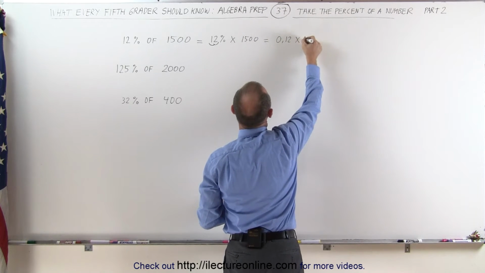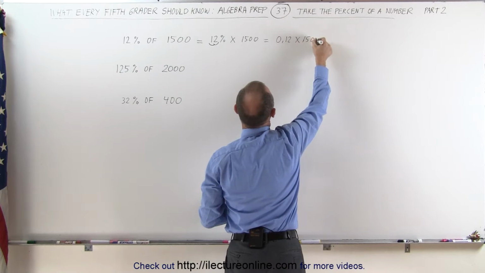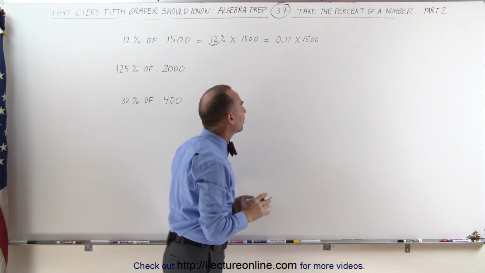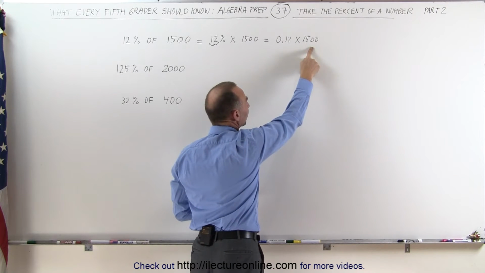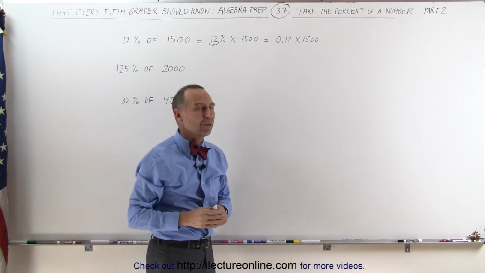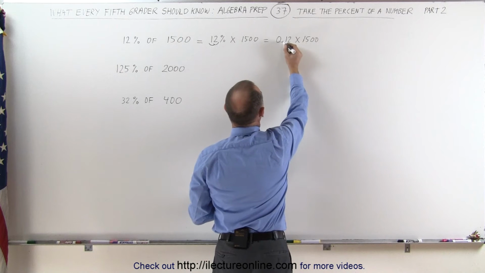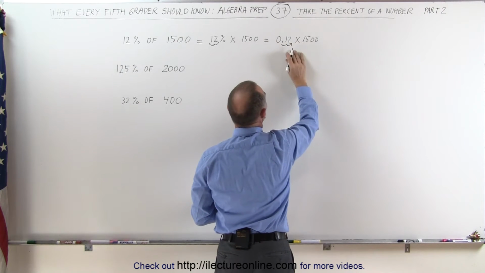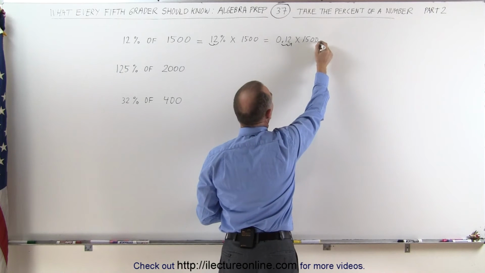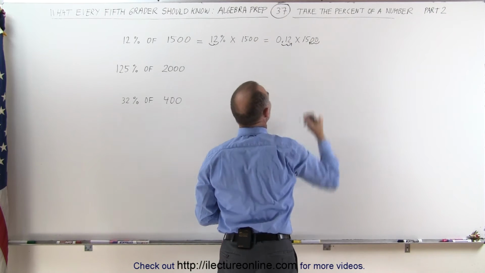This can now be written as 0.12 times 1500. But now we take a look at this and realize that if I multiply this number times 100 and divide this number times 100, the problem becomes a lot easier. What I mean is, by multiplying this number times 100, I move the decimal place over 2 spots that way, and by dividing this by 100, I move the decimal spot over 2 places that way.